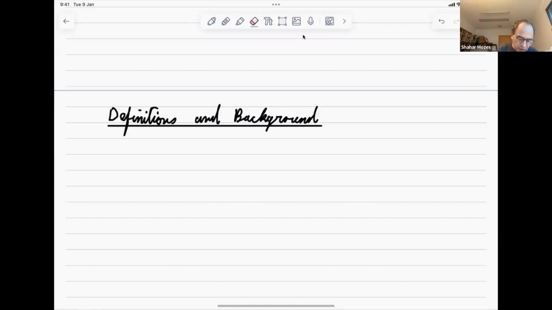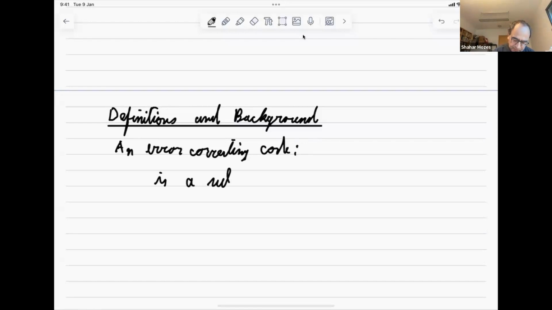So definition. We are speaking about an error correcting code. This is just a subset of F2 to the n. You think of the elements of F2 as bits, zeros and ones, and these are our alphabet.